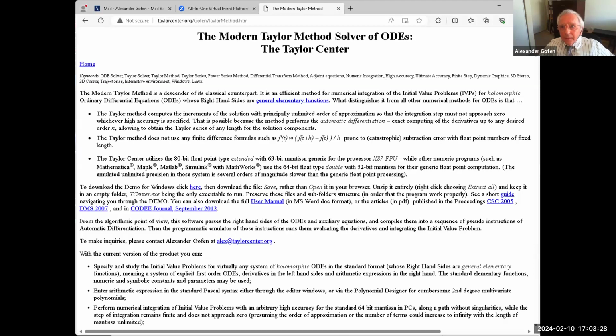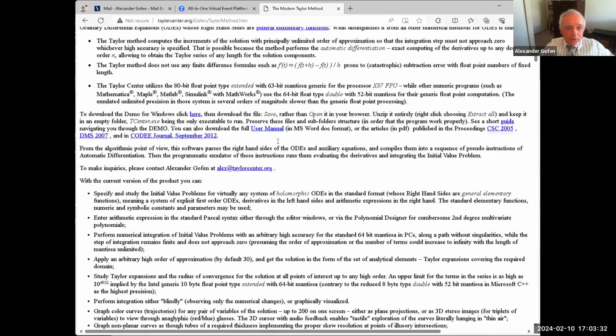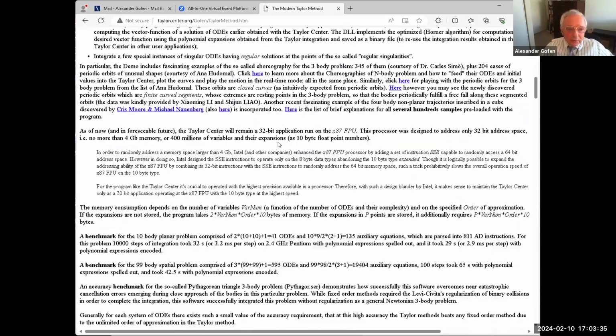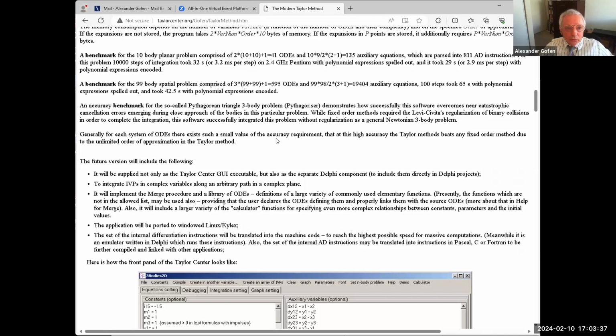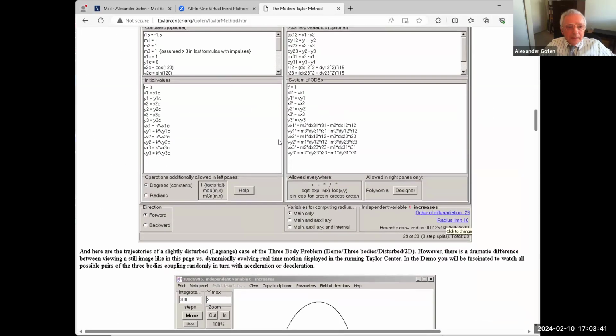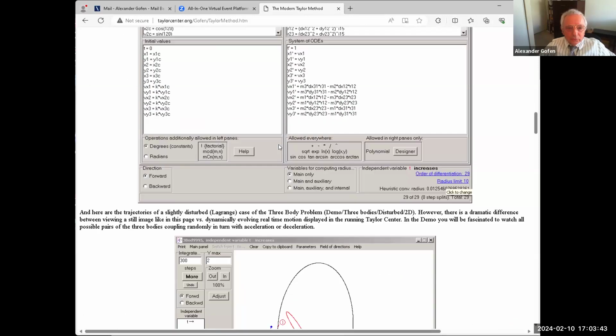This software page gives a lot of features of this software, which I do not touch now because there is not enough time for that. This is the front page.